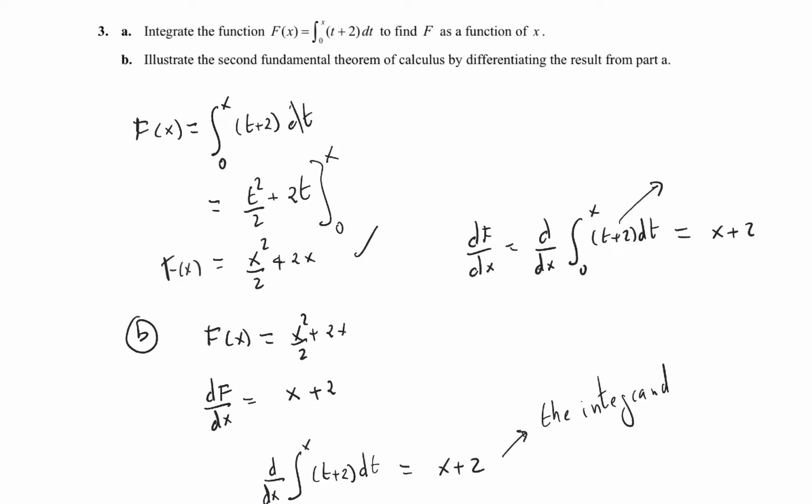So the derivative and the integral are inverse operations. Let's do it. What is the derivative of F with respect to x? Well, F of x is x squared divided by 2 plus 2x. The derivative is x plus 2. It's done.